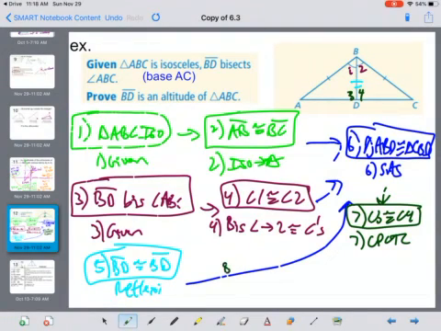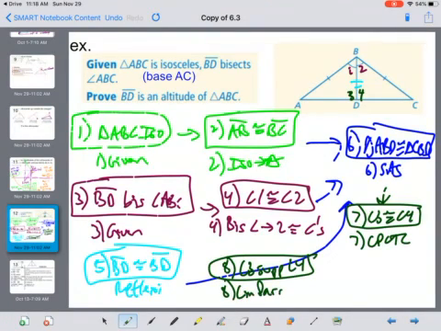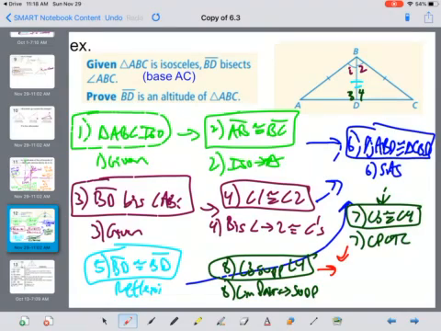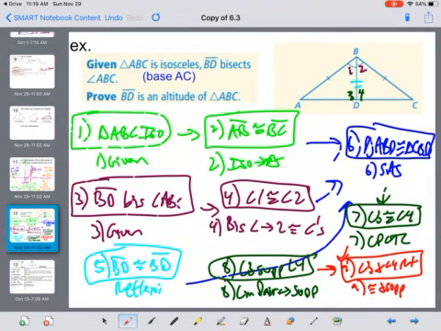And then I'm also going to say that they are supplementary because a linear pair implies that they are supplementary. And then if two angles are congruent and supplementary, then they are right angles.